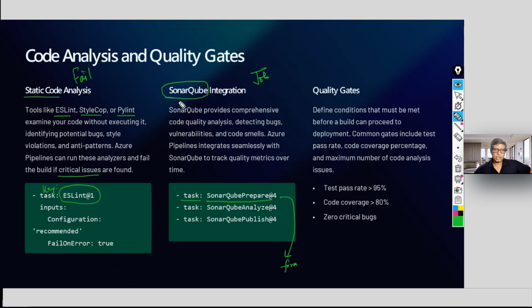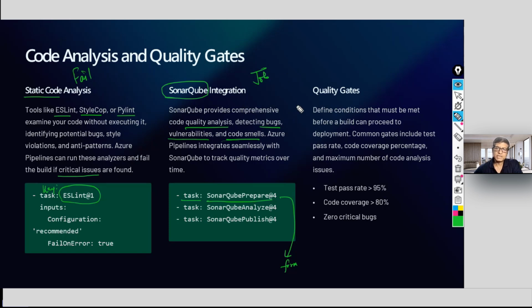Similarly with SonarQube, the quality of the code is not good. There is a code smell. There are vulnerabilities. There are bugs. It does not pass the quality analysis. There are so many quality parameters it has to pass.